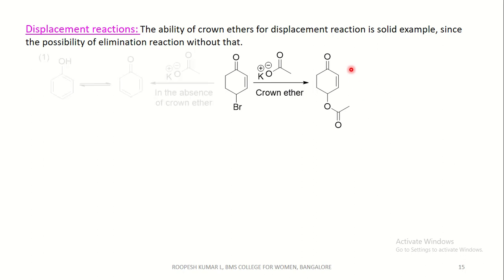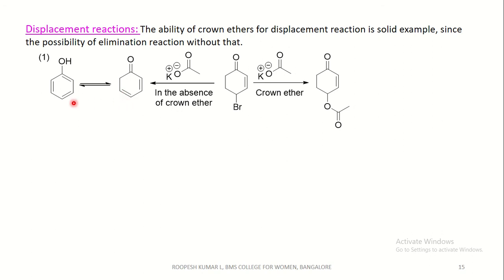However, in the absence of crown ether, phenol is formed, since the base-induced elimination reaction favors the formation of cyclohexadienone, which quickly rearranges to the phenol. That is, this acetate abstracts the proton here, which forms a double bond here, and this bromide is eliminated to form this compound, and this is cyclohexadienone.